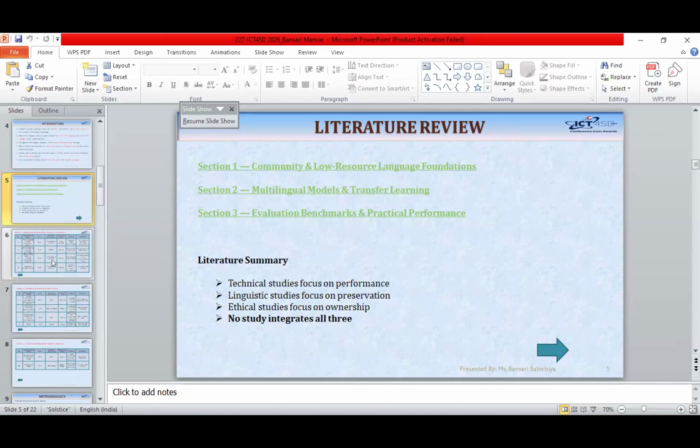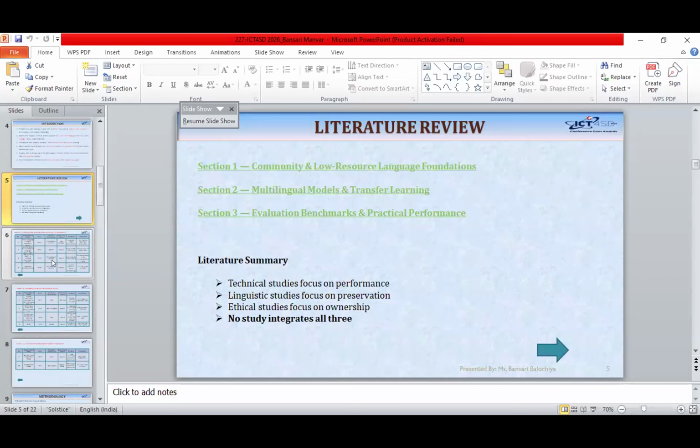Yes, I proposed these 3 different things: community and low resource language foundations, multi-language model, and transfer learning benchmark. If I connect these 3 studies, I integrate all of them into a multi-language model for low resource languages. The accuracy is somewhat more accurate.